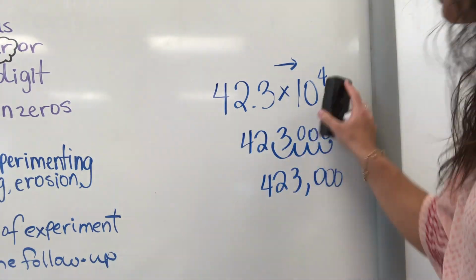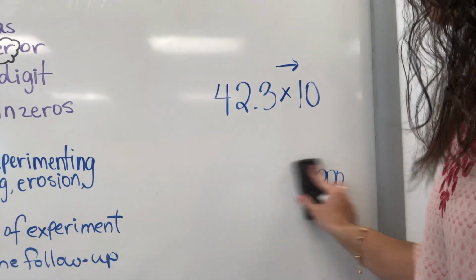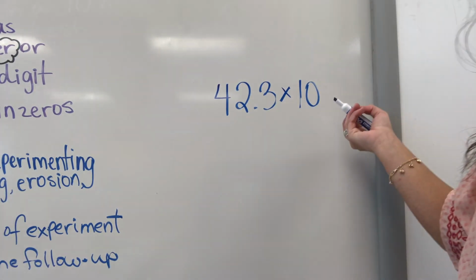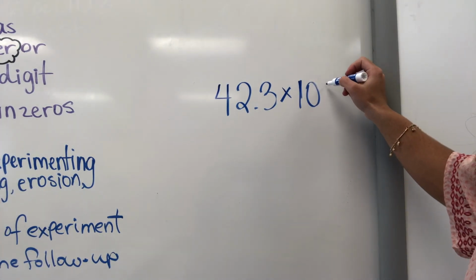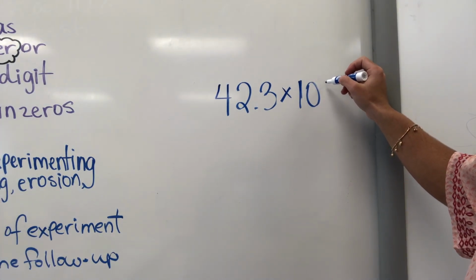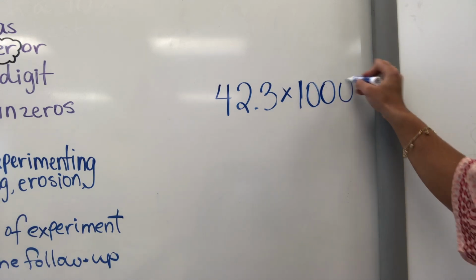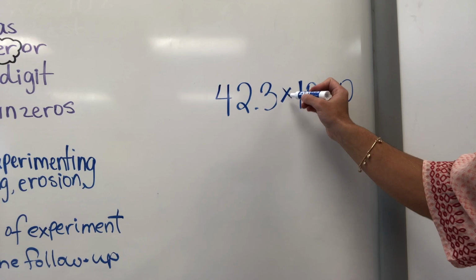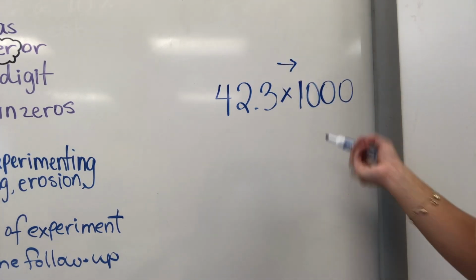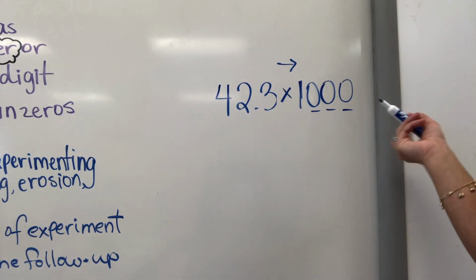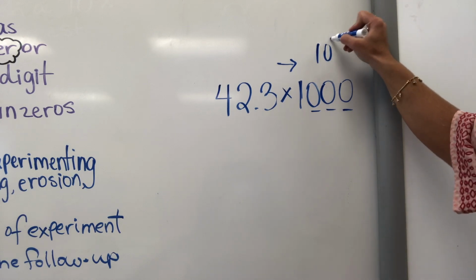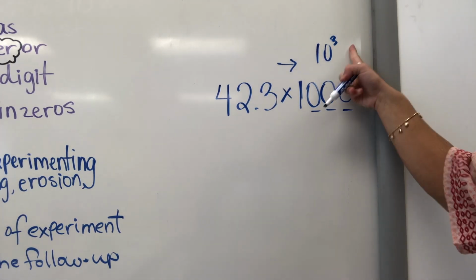You might also see it, instead of the exponent here, where it gives you the number in expanded form or standard form, and instead of having the exponential form, you have, let's say, 1,000. The rules are still the same. Multiplication tells me to move to the right. I have 1, 2, 3 digits. If it helps, you can put that into exponential form if that's more familiar.